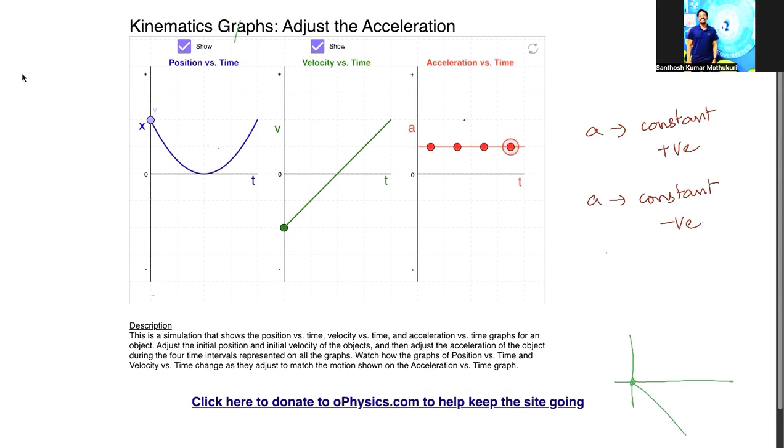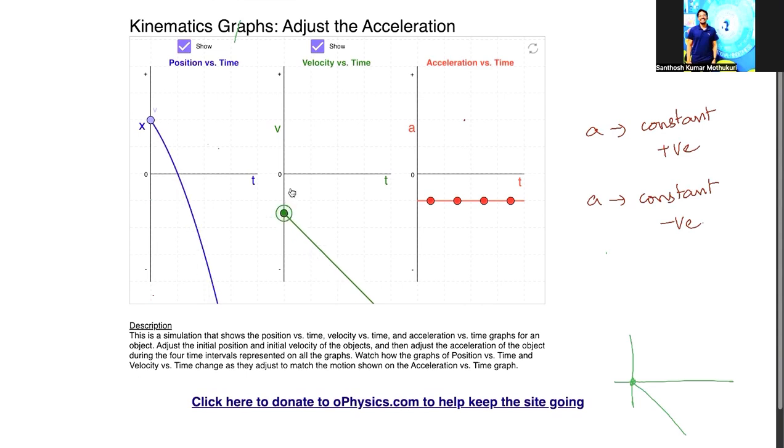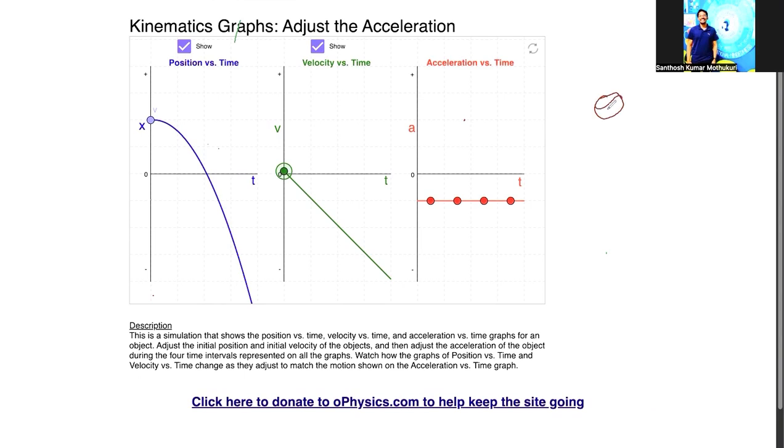Now, let me take this to the negative axis again, the same thing. Now I am checking on this too. Look at this. It is again along the negative axis, the ball which is dropped downward.